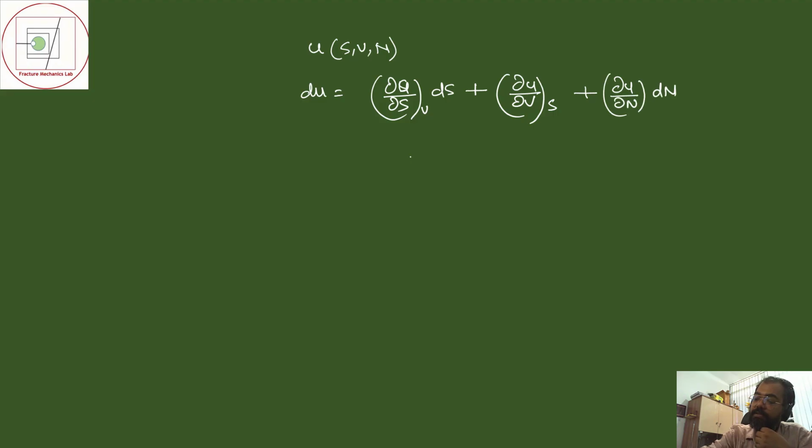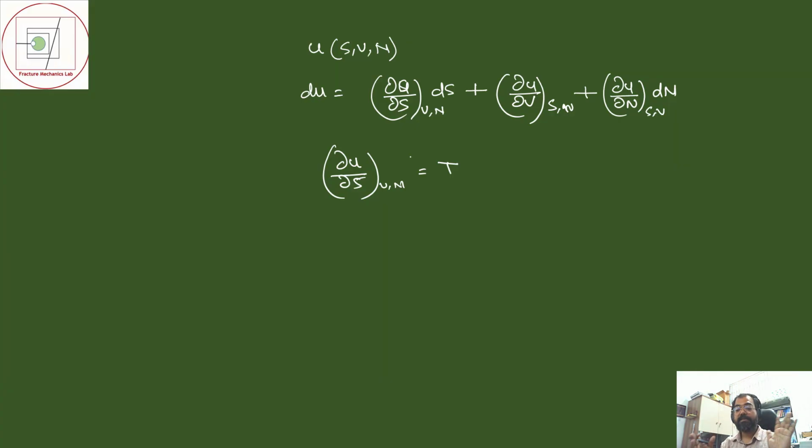This is at constant V and N, this is at constant S and N, and this is at constant S and V. And by definition, del U by del S at constant volume and constant number of particles is temperature. We are not going to prove it, but this is the definition of temperature.